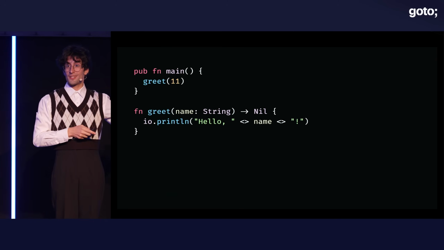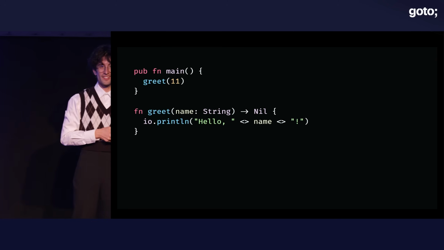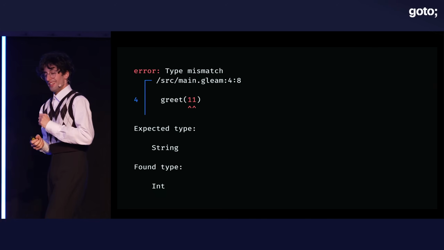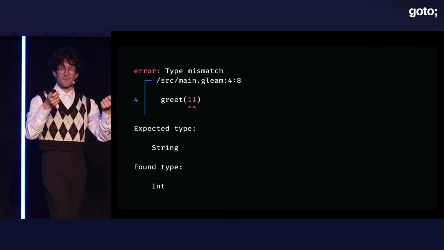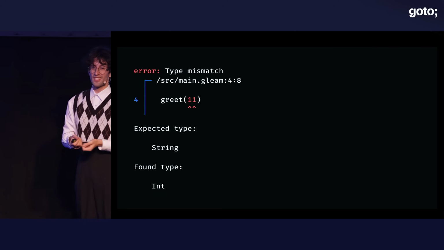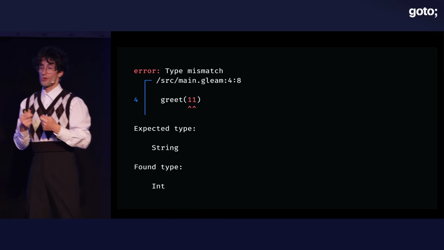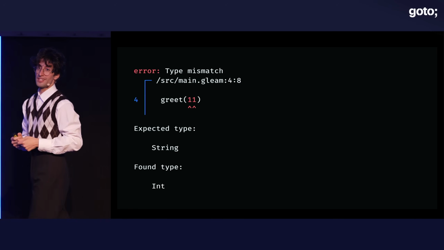Well, as I've told you, this pair programmer who's always by our side is going to tell us, well, that is wrong. I was expecting this to be a string, but it actually is an integer. This doesn't work. So this is most likely something you don't want to be happening.